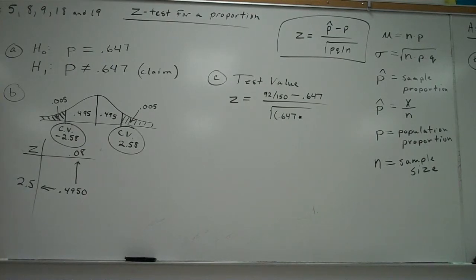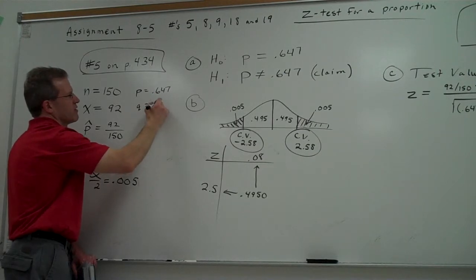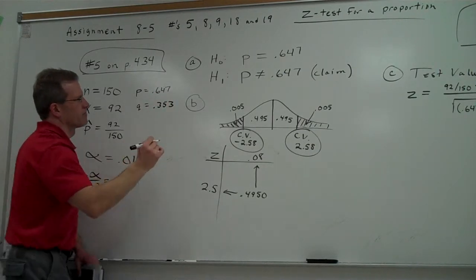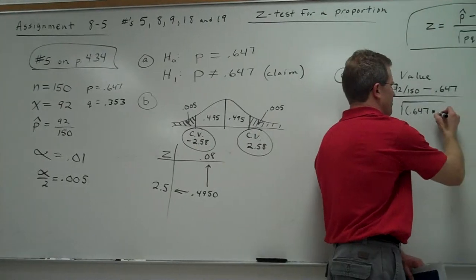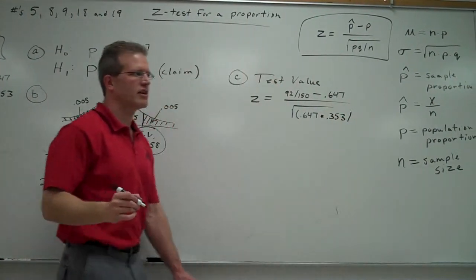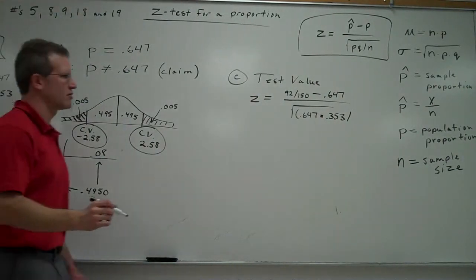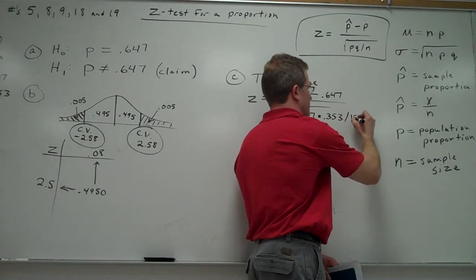P is 0.647. Q would be 1 minus that, so that'd be 0.353. Divided by n. What's n in this case? Right, 150 people. 150 households. Heads of households.